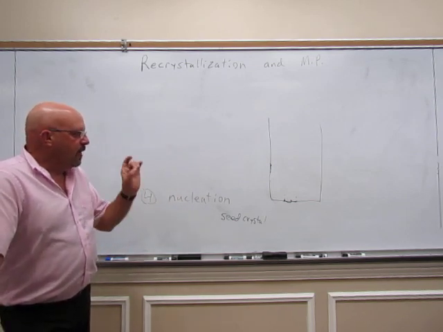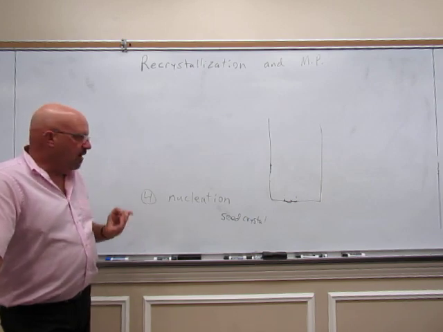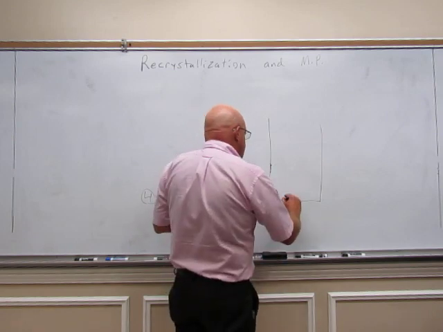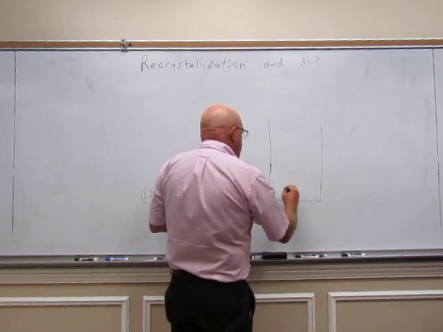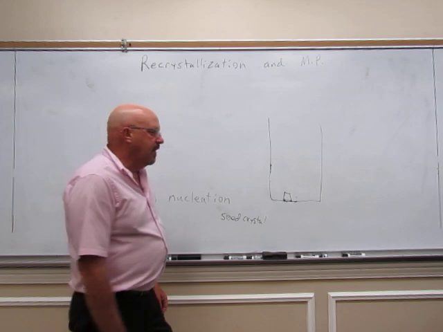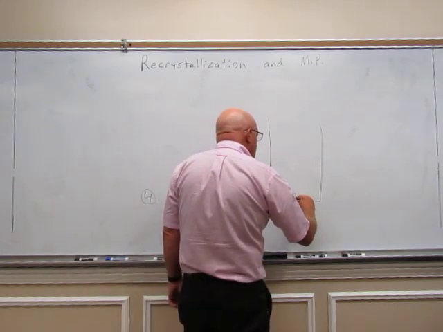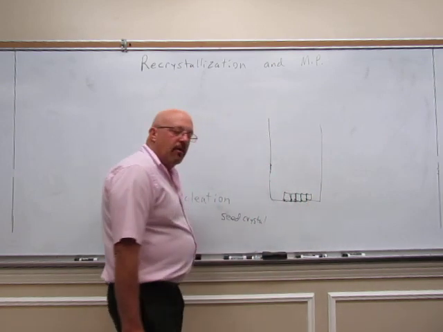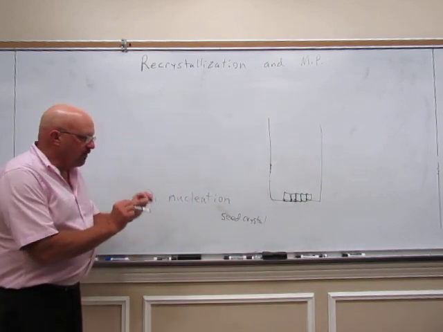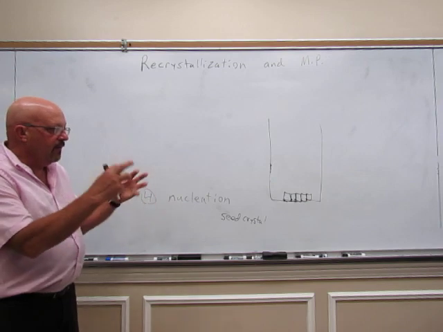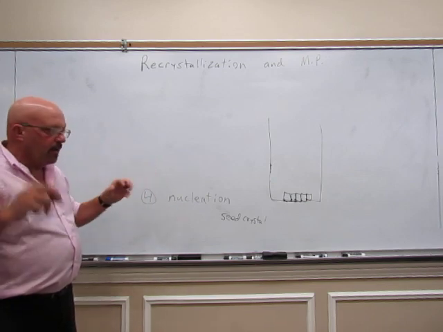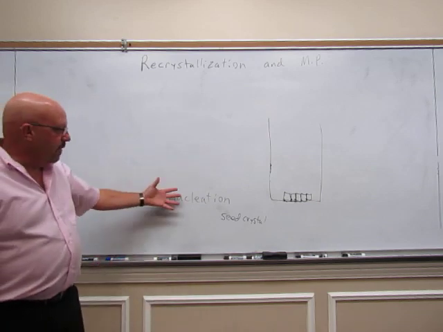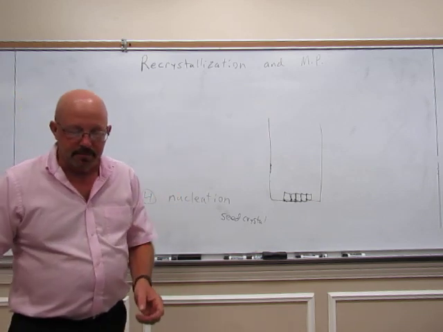So if we had a little small crystal of pure benzoic acid, we could put that in there. That's the seed crystal. So we put a crystal in there, and then that gives us something to start growing off of. Then it can grow that one bigger. You start with a small crystal, put it in there, that gives something to grow on and just gets it bigger. Okay, so that's nucleation. Just something for the crystals to grow on.